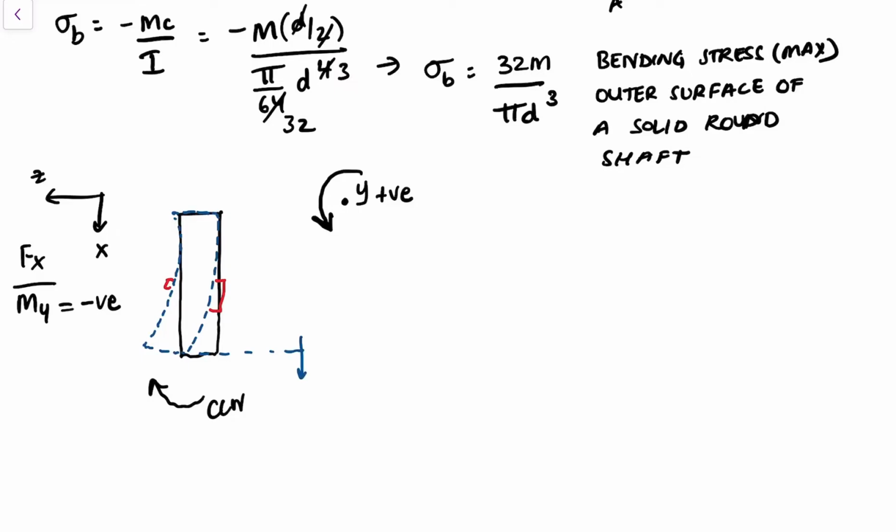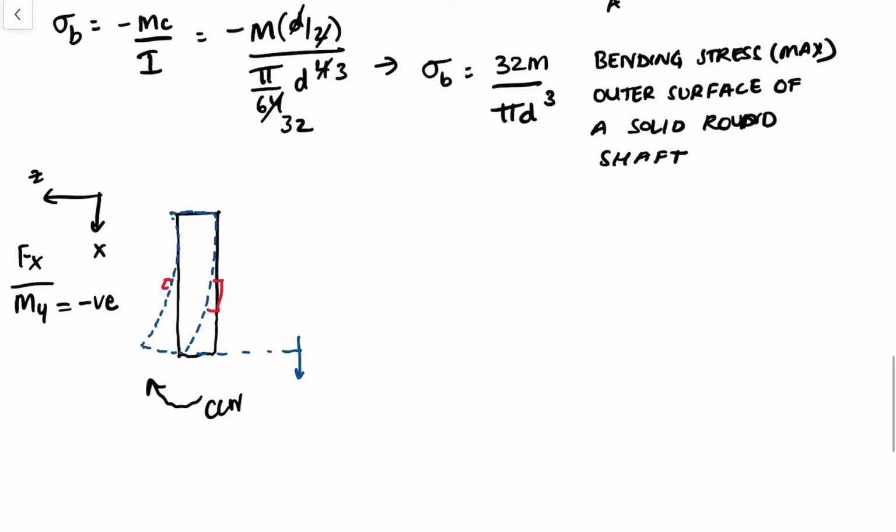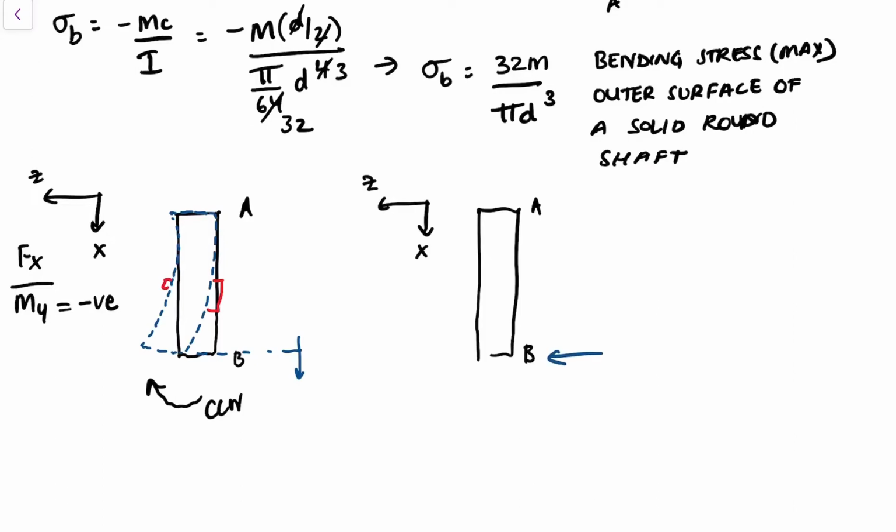Then similarly, we have again the xz coordinate, AB, and A is up here, B is down here. Z is coming in this way, so it's also going to bend the same way.